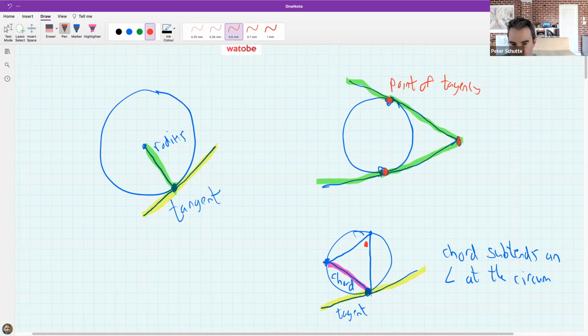We're using it as the base. And this is called the angle at the circumference. And so today, we're also going to investigate the relationship between tangents, chords, and angles subtended by chords. So this is just an overview to get us going. All I wanted to do was make sure everybody knew the vocabulary.